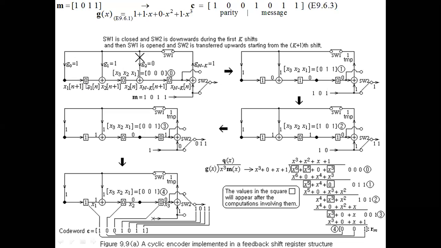The first square box is given to a modulo 2 adder. The modulo 2 adder output is given to the second square box. The second square box output is given to a modulo 2 adder again. That output is given to another square box. And the last square box is given to a modulo 2 adder again. There are 3 modulo 2 adders and 3 shift registers.